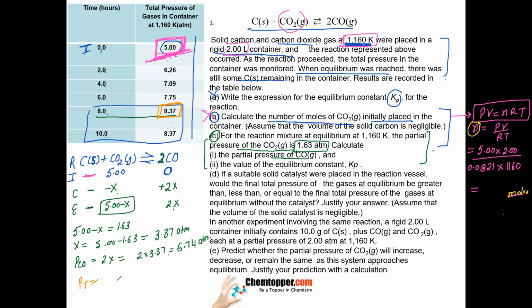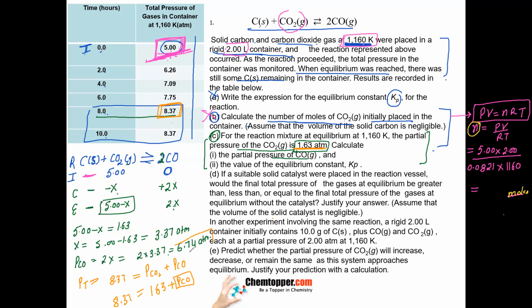Look at the table. 8.37, which is equal to partial pressure of CO2 plus partial pressure of CO. Partial pressure of CO2 is given to you. How much is that? It is given, 1.63 here. So can you use this Dalton's law of partial pressure to calculate the partial pressure of CO at equilibrium?